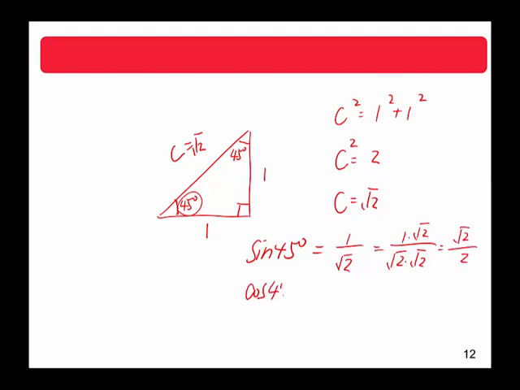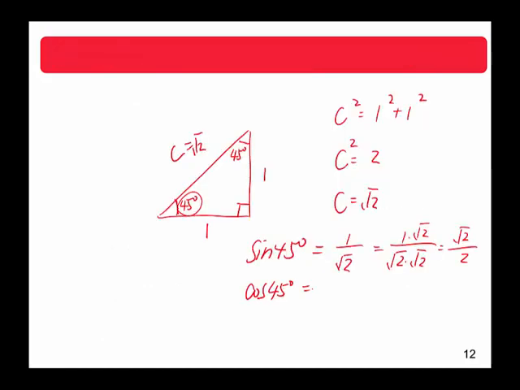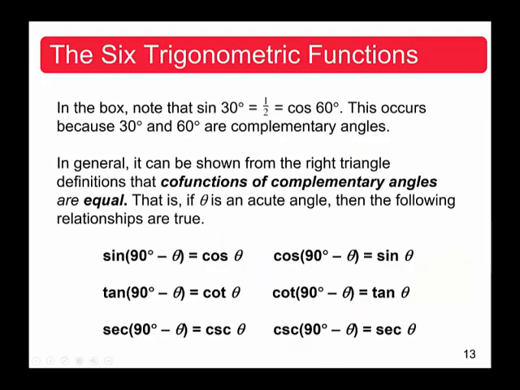Cosine 45 degrees is adjacent side 1 over hypotenuse radical 2, and rationalized that is also radical 2 over 2. And tangent 45 degrees equals opposite over adjacent, 1 over 1, that becomes 1. And that's how you find the special angle 45 degrees.